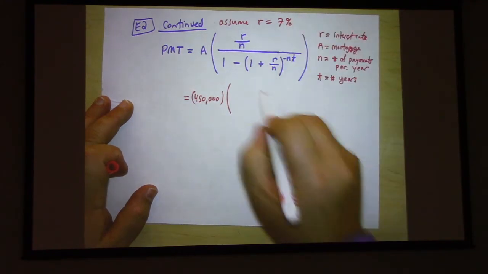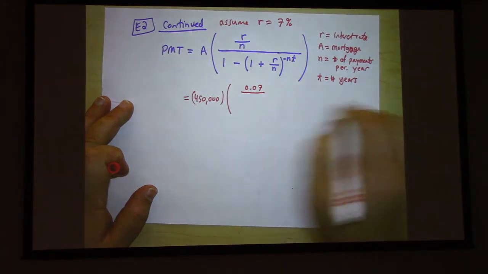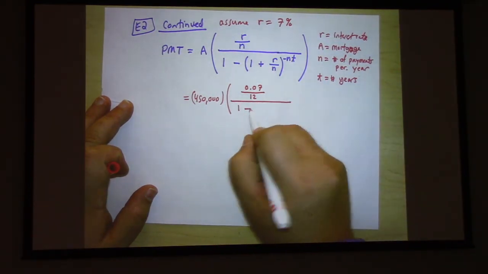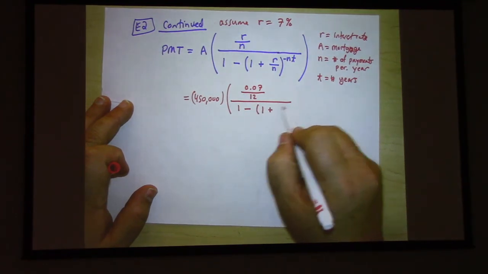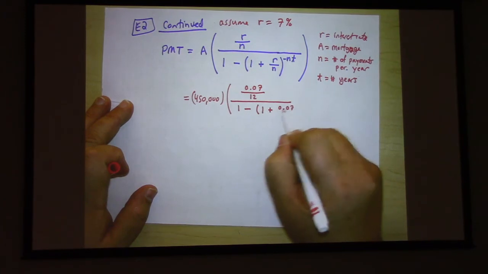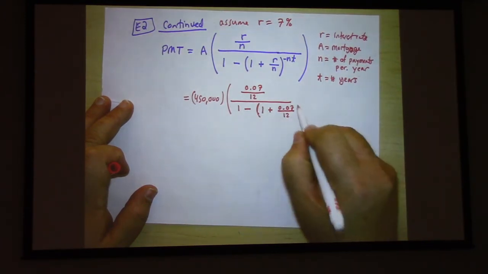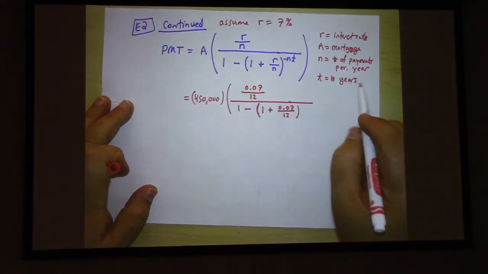All right, so I do 0.07 divided by 12, right? All divided by 1 minus parentheses, 1 plus 0.07 divided by 12. All right. And to the minus nt, what is here?